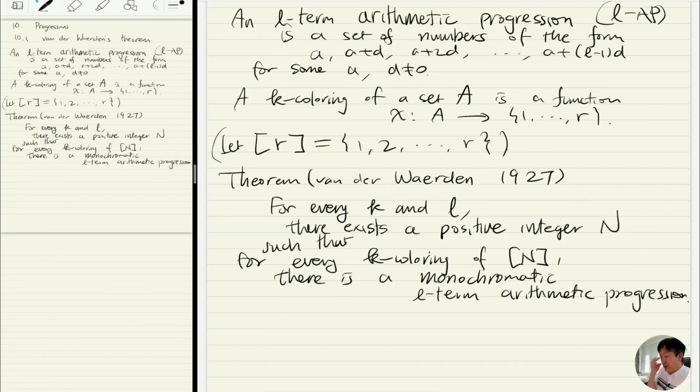So by monochromatic, I mean every member has the same color.